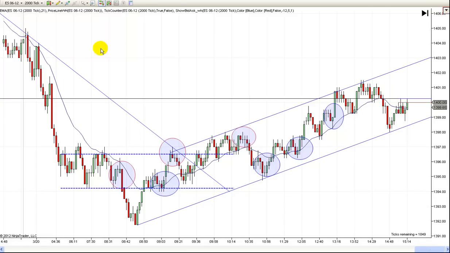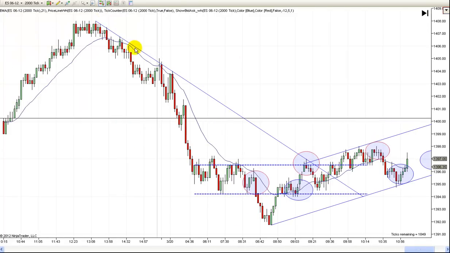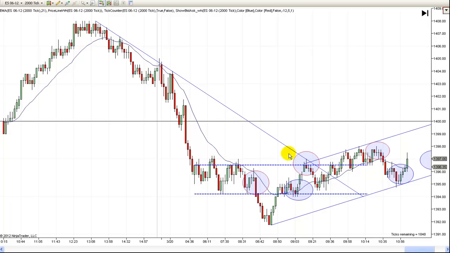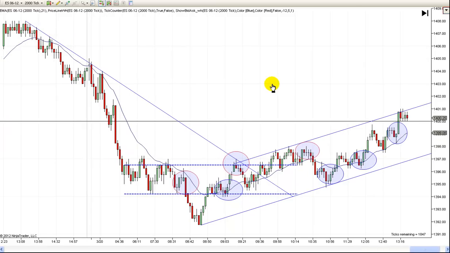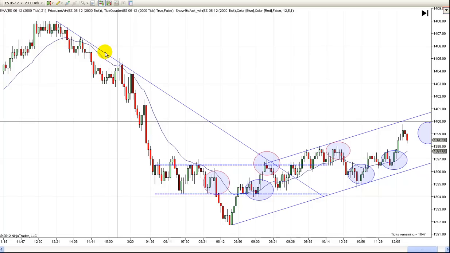We were in this kind of a down sloping trend line from yesterday's prices. Even if you'd have waited and used these first two, you still should have got something similar to this right across there. And I've shown before that you don't necessarily have to get your trend lines exactly right, but even if you had drawn it across there like so, you still would have gotten the same general area.